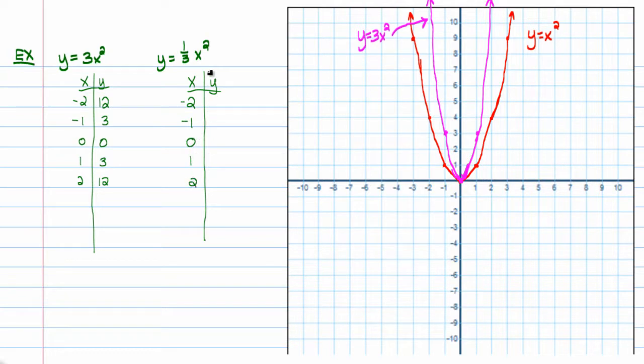But in this case, when you plug in a -2, well, -2 gets squared, so it's 4 times 1/3, that's 4/3. When you plug in a -1, well, -1 squared is 1 times 1/3. It's a regular old 1/3. When you plug in 0, though, you still get that 0 back.